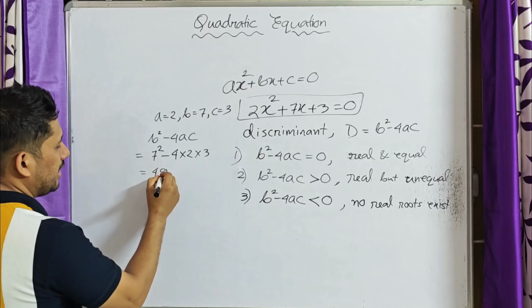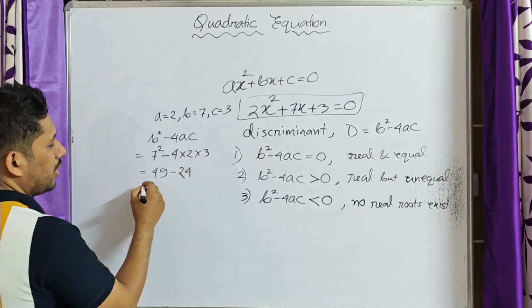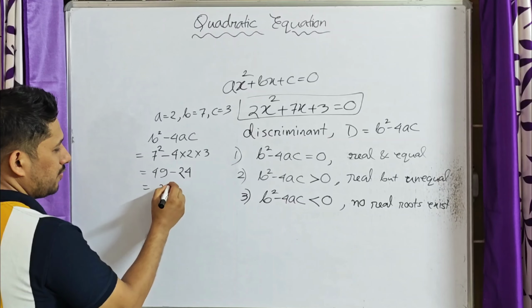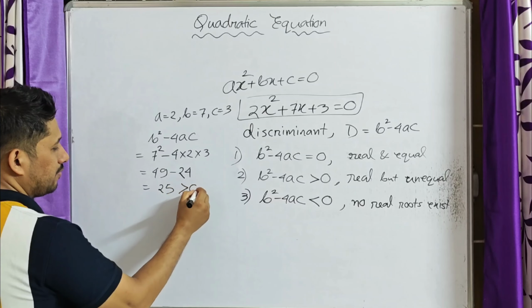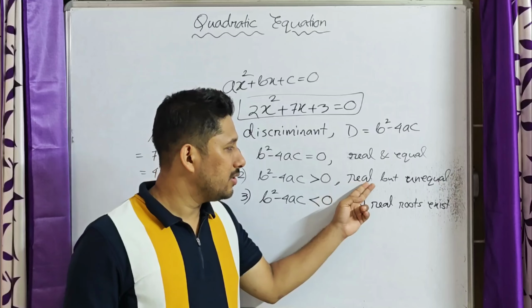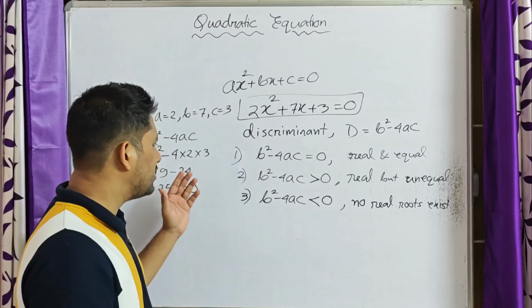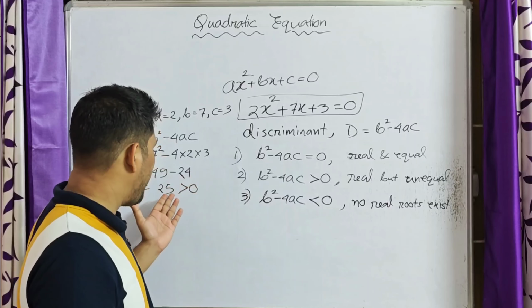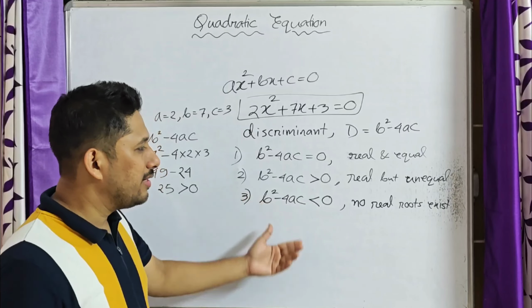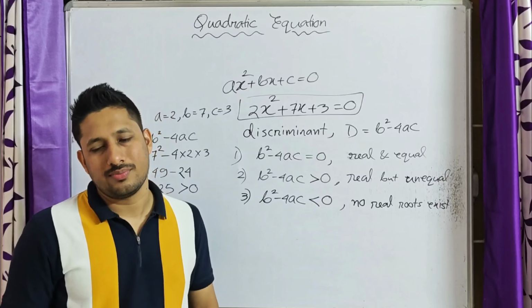You will get 49 here, and 4 times 2 times 3 is 24. So when you subtract them, you get 25. This answer is positive, greater than 0. If this is greater than 0, then what kind of roots will you find? You will find real but unequal roots. So if it is greater than 0, you will find real and unequal roots, and that's how you find the nature of the roots.